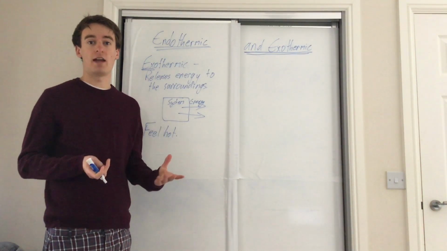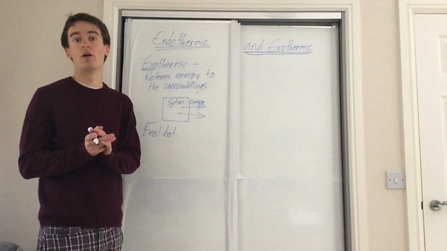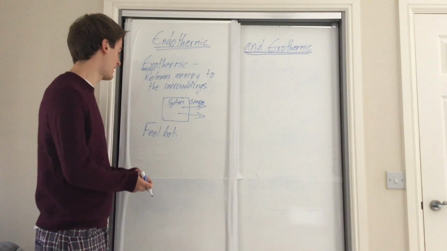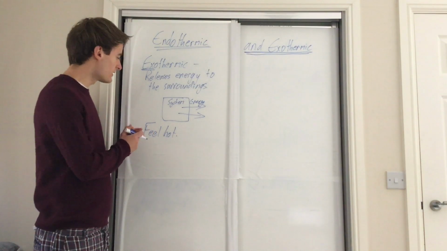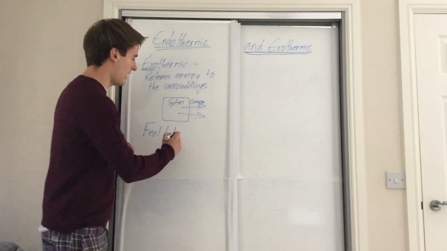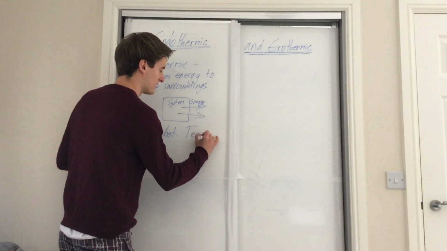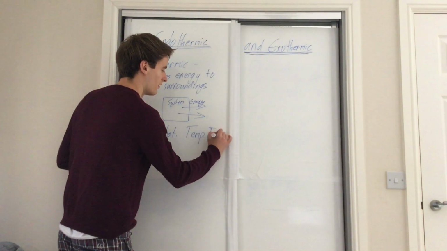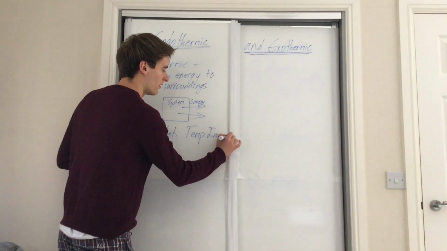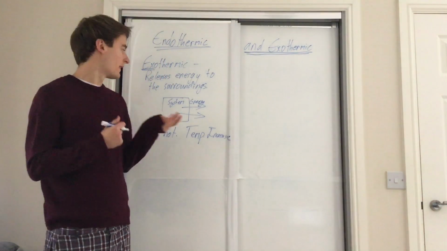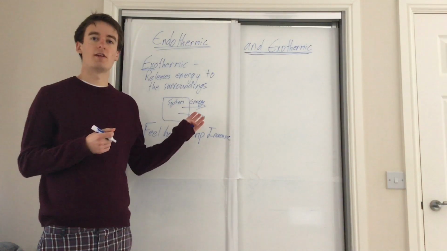That's giving out energy, and the flame feels hot, where we're combining oxygen with our methane gas. So that would feel hot, and as a result, we're looking at a temp increase in this scenario. Okay, the temperature is going to go up in accordance with us losing this energy.